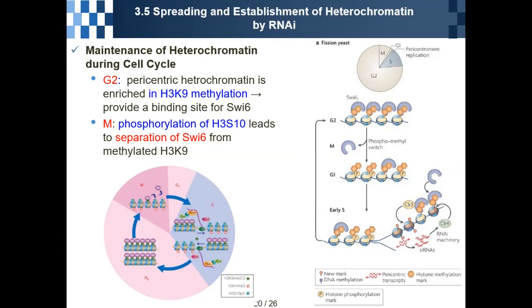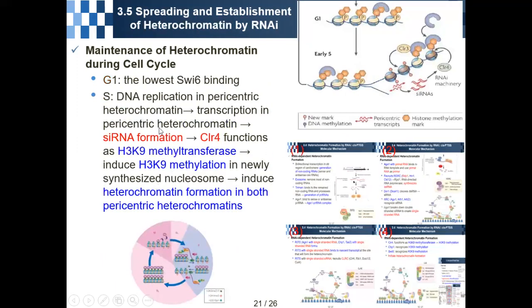Phosphorylation happens at the OH group. Phosphorylation of H3S10 leads to separation of Swi6 from methylated H3K9. That's why the G1 state is like this.